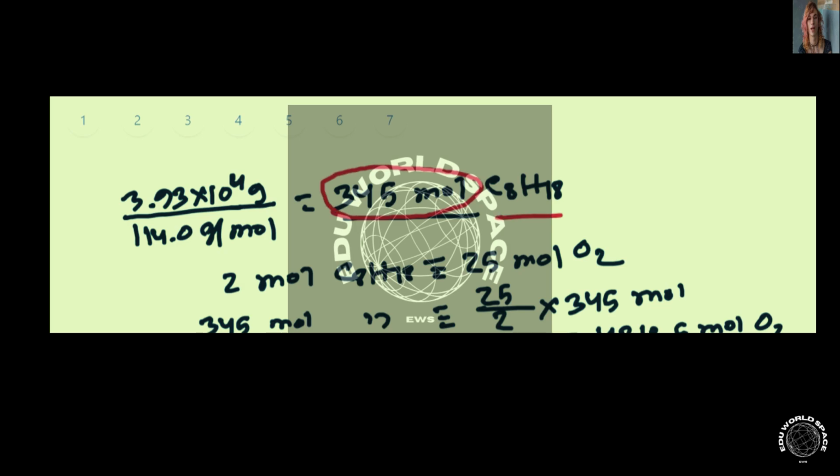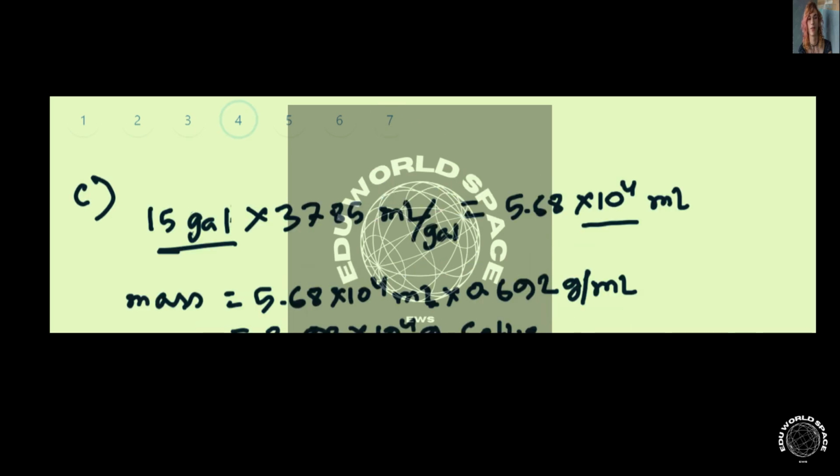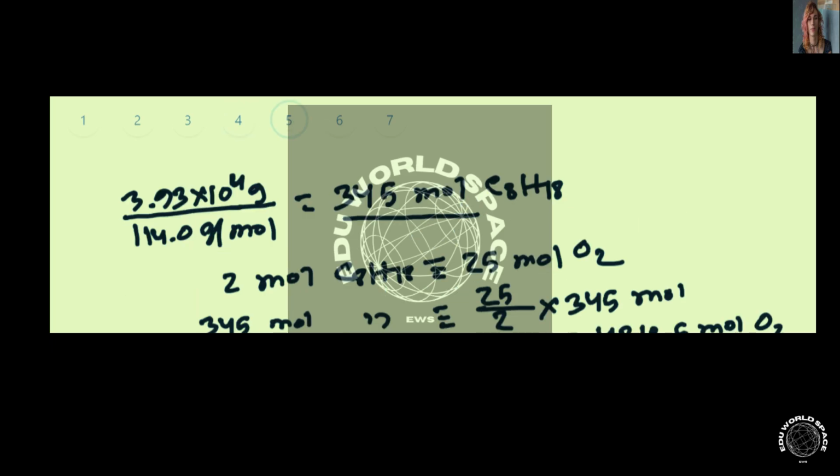So once again, we have to find out the number of moles for 15 gallon of octane, which we have already done. So we know that 345 mole of octane.